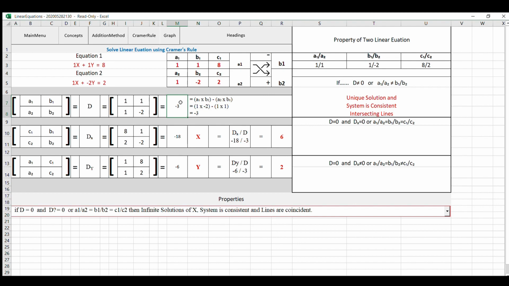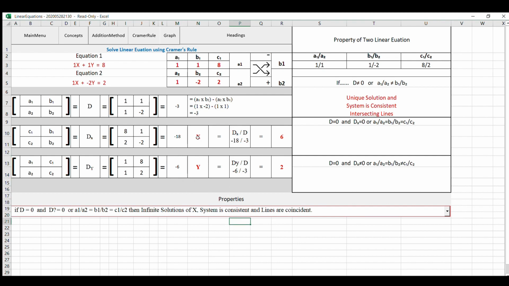So you got the value of D. Then you got dx, calculated exactly the same way. 8 2s are 16, which is minus 16. 2 1s are 2, so minus 16 minus 2 is minus 18. Same way here, 1 into 2, which is 2, and 1 into 8 is 8. So 2 minus 8 is minus 6. So this is the way you calculated d equal to minus 3, dx equal to minus 18, and dy equal to minus 6.